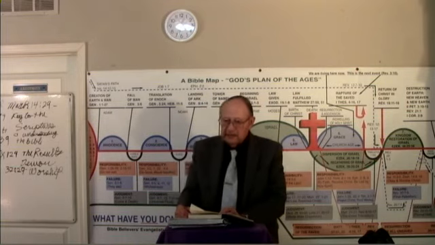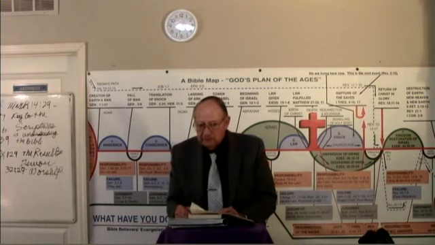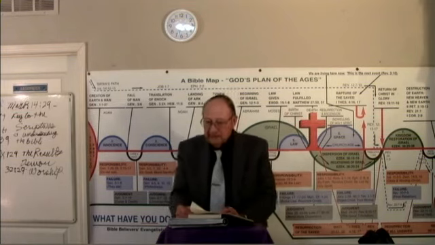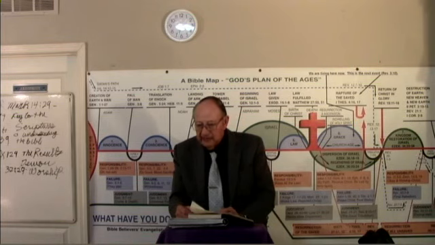Then we have Sin and Shin. Sin is S-I-N, and Shin is S-H-I-N. And modern Hebrew doesn't make any difference between these. You've got all these S's in Hebrew, but they don't make any difference. It's just S to them. But in biblical Hebrew, one of them is Sin, S-I-N, and the other one is Shin, S-H-I-N.